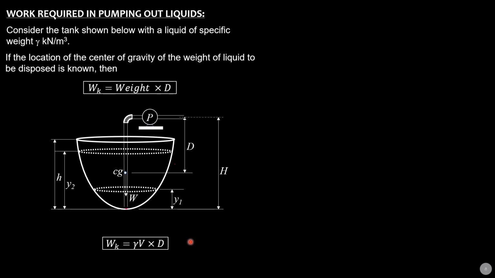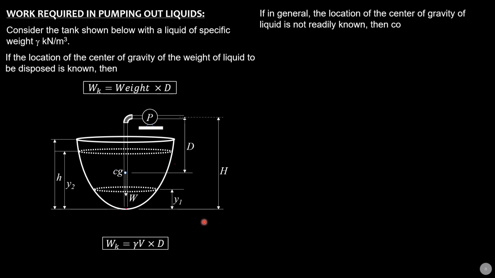If in general the location of the center of gravity of the liquid is not readily known, then consider a slab as shown in the figure of area S and thickness dy. So we have to set up the integral, and because the force should be constant, we have to consider the differential weight of the slab of thickness dy.